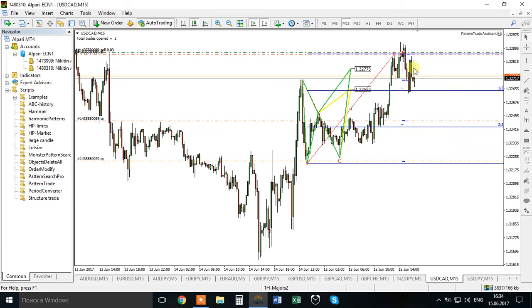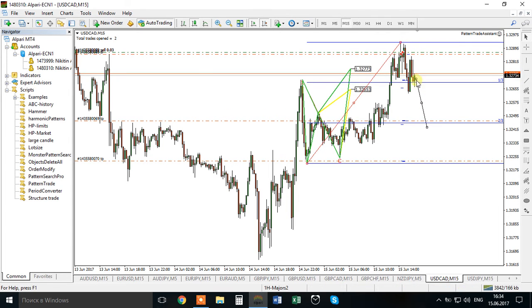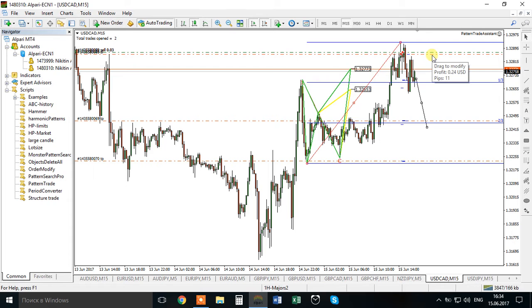If price continues to decline this way and hits the second target, we will only have one trade left. This trade will have its stop loss placed at the first target.